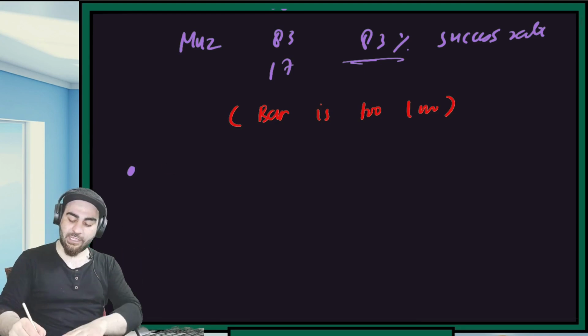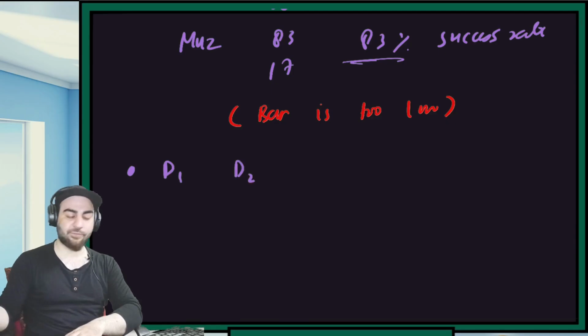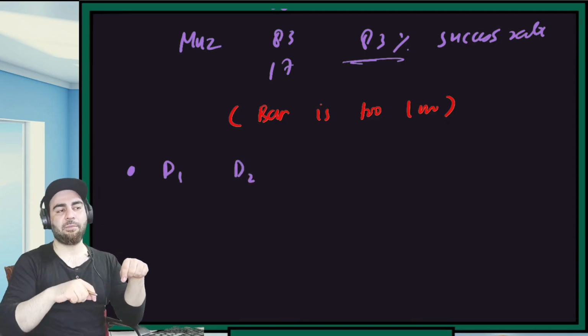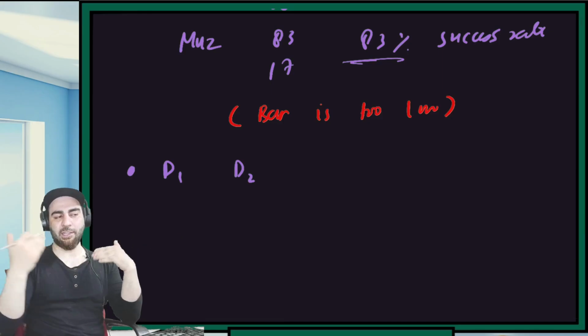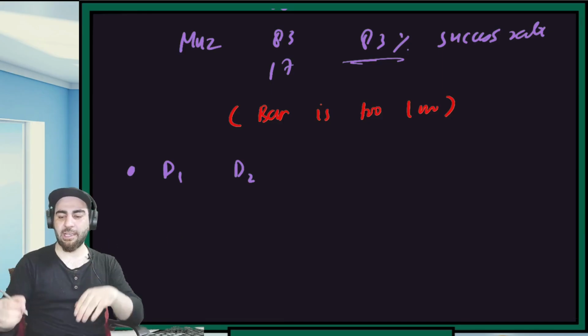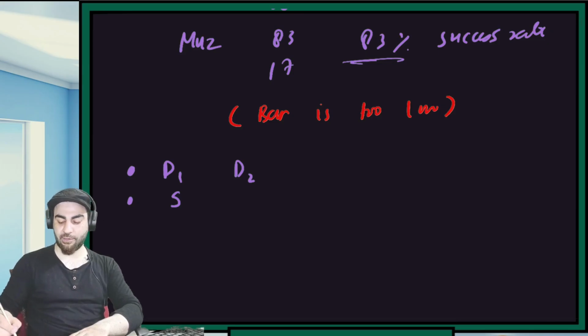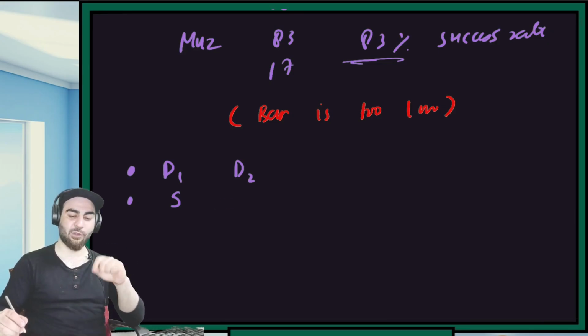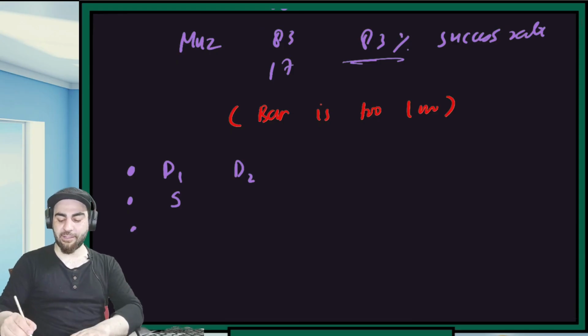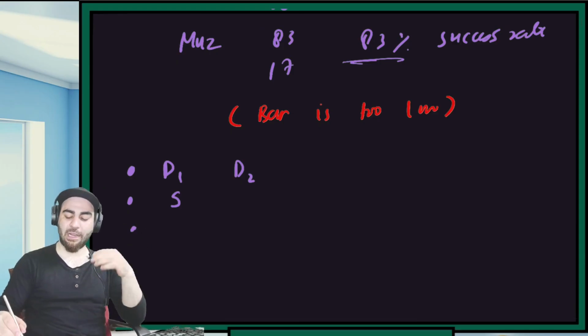Okay, now we will say D1 and D2 are the doctors. D1 is the first doctor, Mahmood, and D2 is the doctor we had, Dr. Muzaffar. Then S is the event that the surgery is successful, and F is the failed surgery. I could have introduced quite fewer symbols, but I'll try to introduce more.